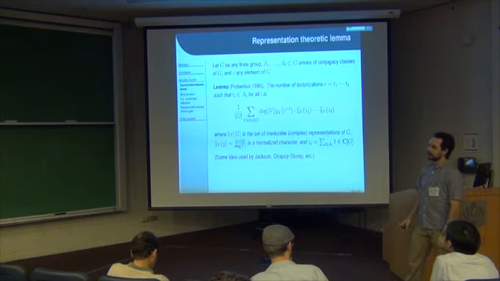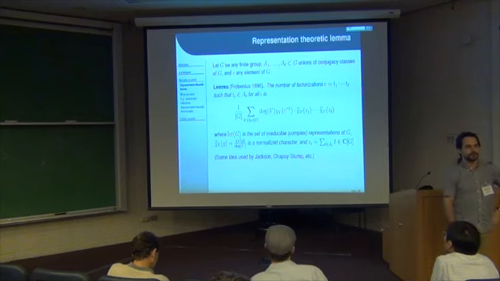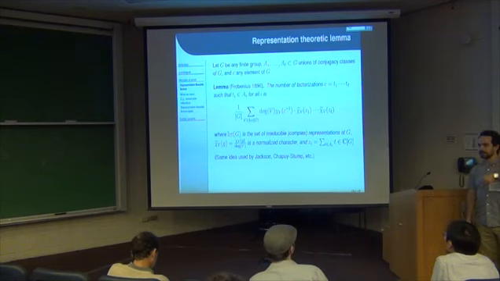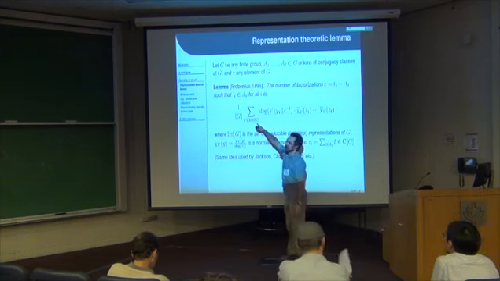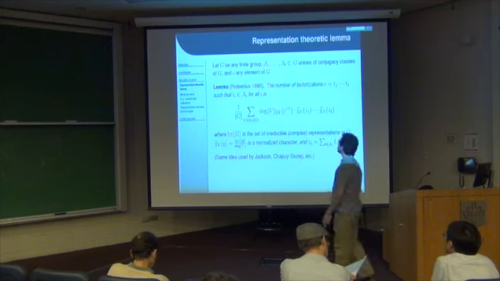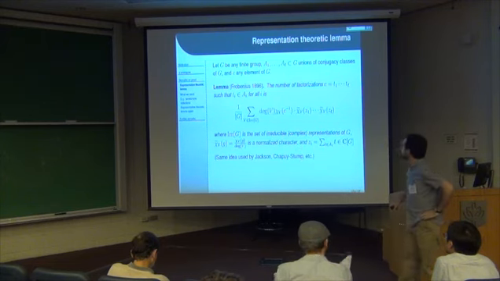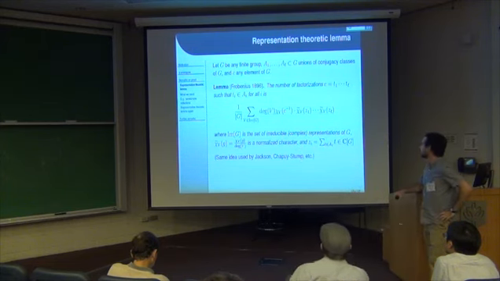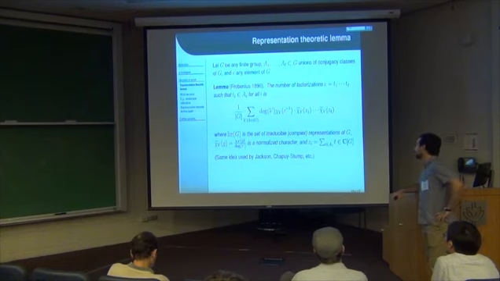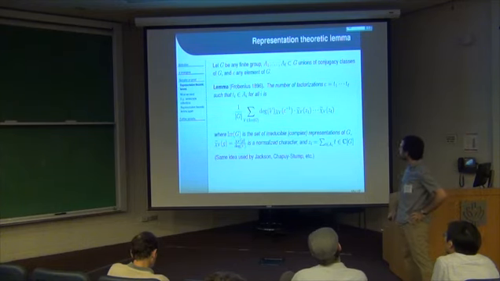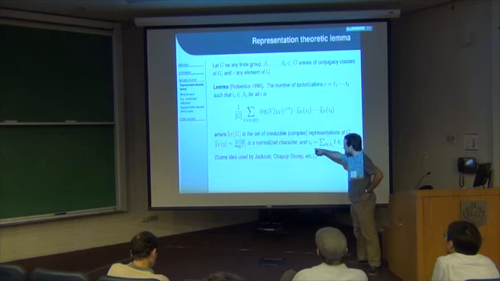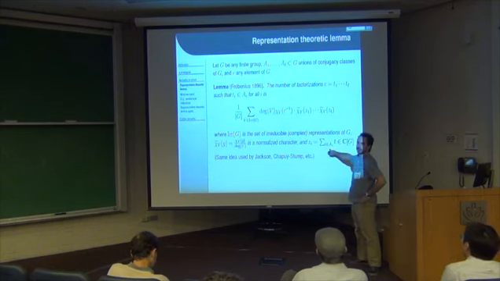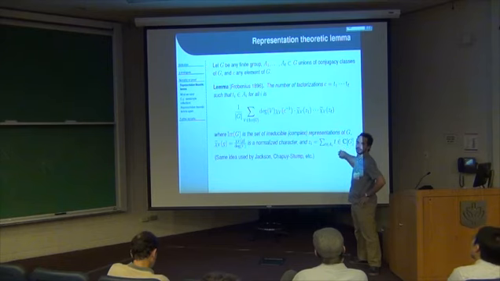How do you factor your element of your group as a product where each factor comes from these selected unions of conjugacy classes? And it's just this sum, which involves a sum over the irreducible representations of your group of products of degrees of the representations, character values at the element you're factoring, and character values at these sums over the conjugacy classes in the group algebra.